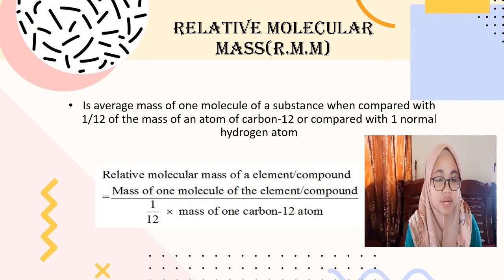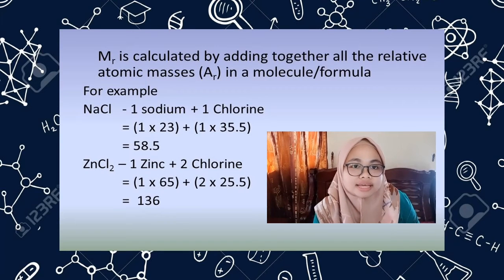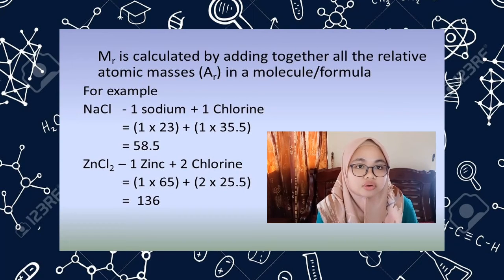For example, to calculate the relative molecular mass, I choose sodium chloride, NaCl: 1 sodium plus 1 chlorine, bracket 1 times 23 plus bracket 1 times 35.5, you can get 58.5.